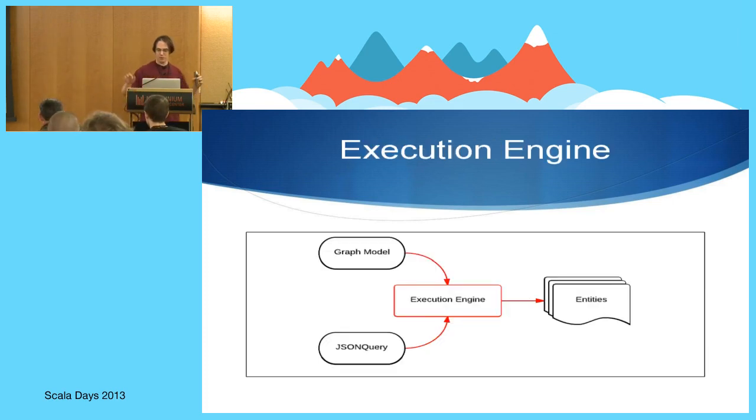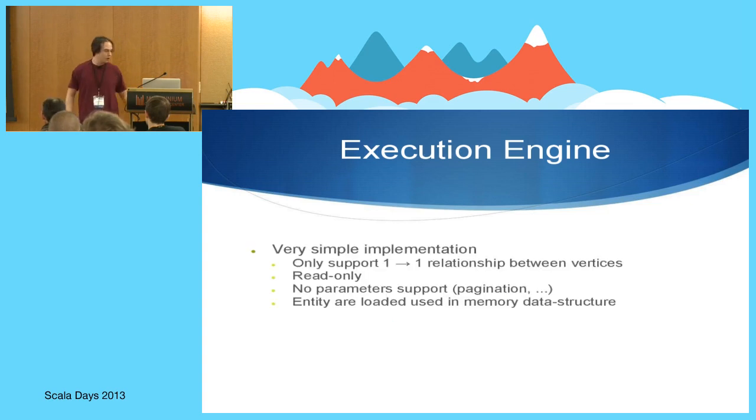So now that we have seen the main building blocks of that system, I'll show you a run of the execution engine. Currently the implementation is very simple. It's mostly for demonstration purposes. It supports only one-to-one relationships, so you cannot do optional relationships or one-to-many. It's read-only.